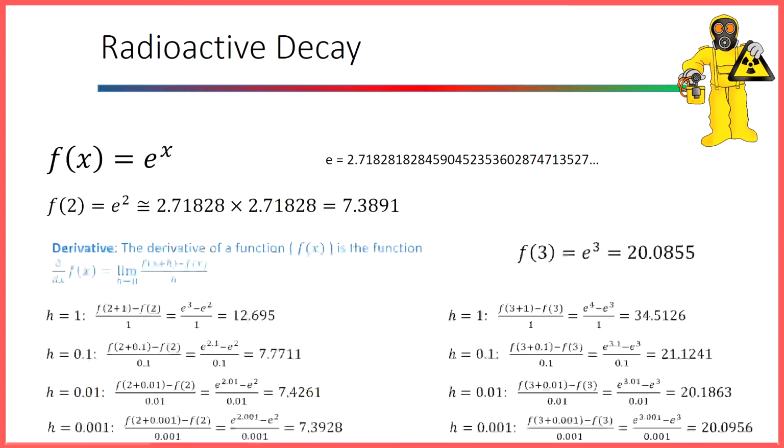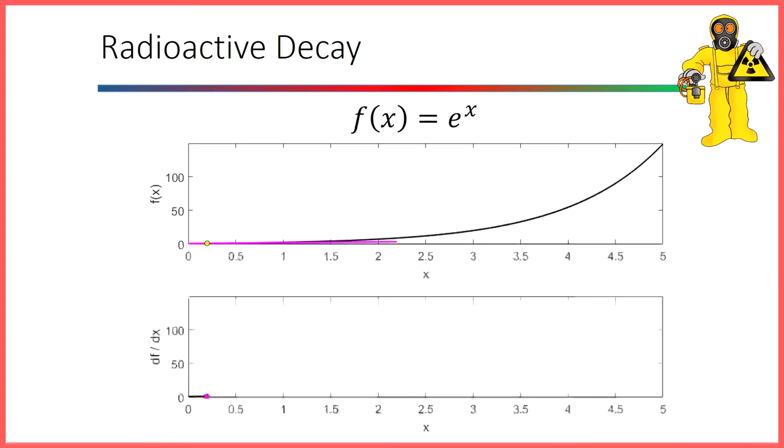Okay, let's take a look at what that means graphically. If we watch this graph, you'll see the original function f of x along with the slope of its tangent line plotted on top, and on the bottom you see the derivative of the function, computed using our geometric definition of the derivative.